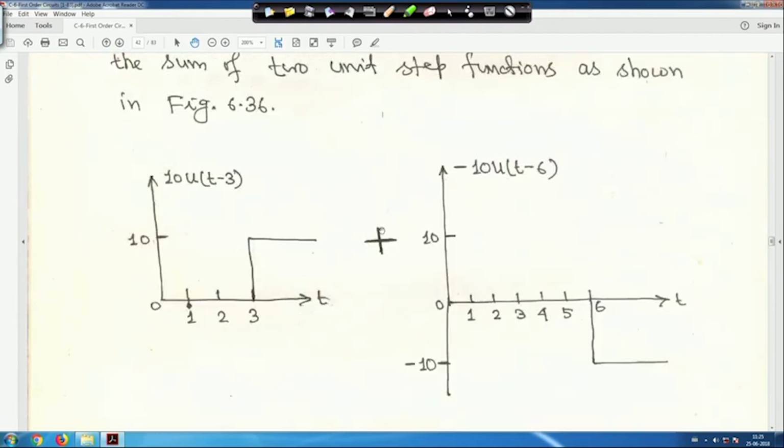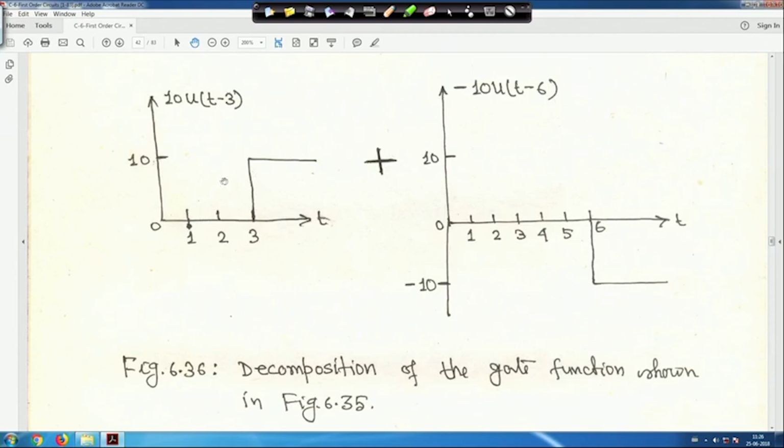Now this gate function is equal to the sum of two unit step functions. Mathematically, if you write it, it will be 10 u(t minus 3) minus 10 u(t minus 6), because it is this one plus this one.